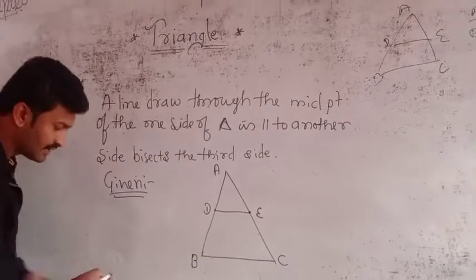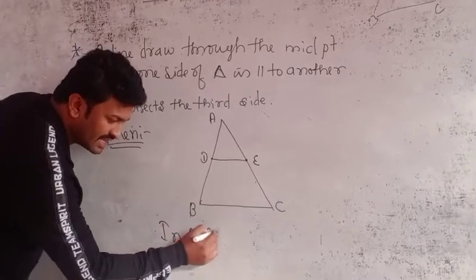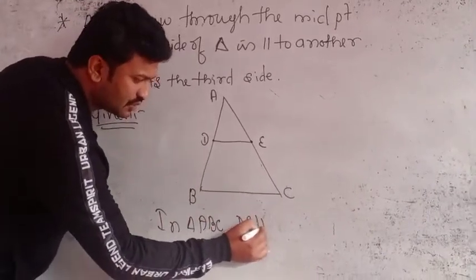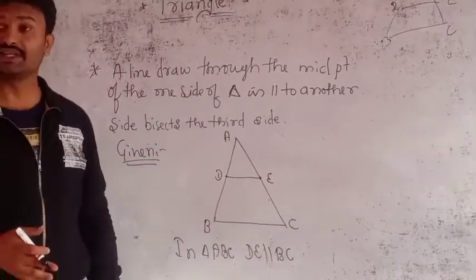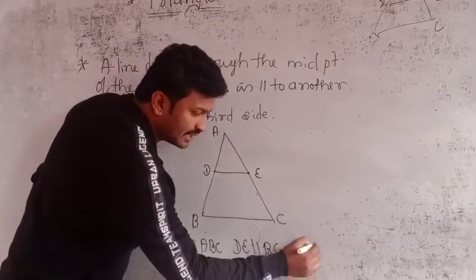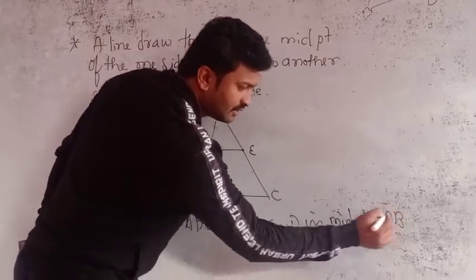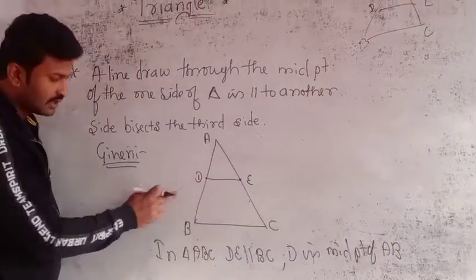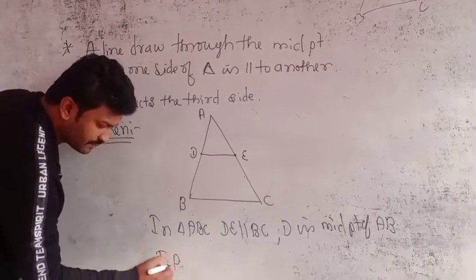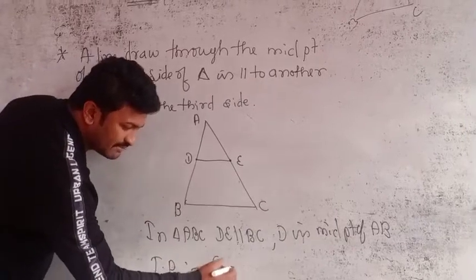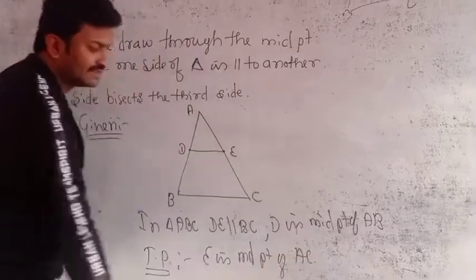Okay, then this is the question. What is there in the question? Given in triangle ABC, DE is parallel to BC. This is the BPT theorem. D is the midpoint of AB. This is the given. To prove, E is the midpoint of AC.